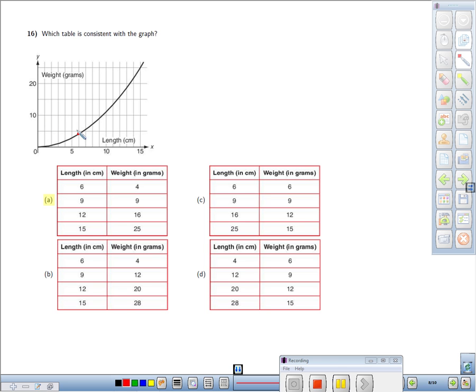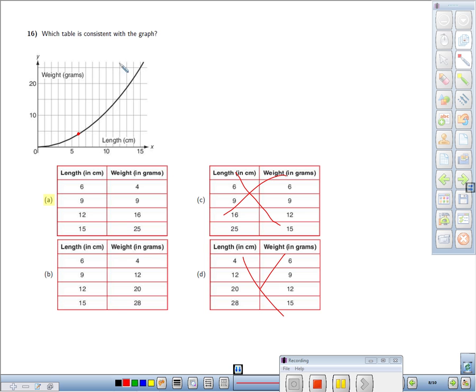That would mean this is 5 grams, so it's just short of 5. Well, 4 seems like a pretty good estimate to me. So 6 and 4, 6 and 4. Now notice this says 6 and 6. That one point's off, it throws the whole graph off. Notice this then says at 4, you're going to be at 6. Well, at 4, you're not even at 5 yet, so this one's out.